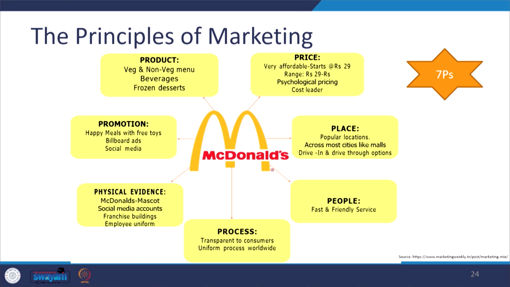And finally, coming to the last P, that is people, they have fast and friendly service delivered through their trained employees. So, that is how the 7 P's define how McD provides products or services to its customers.